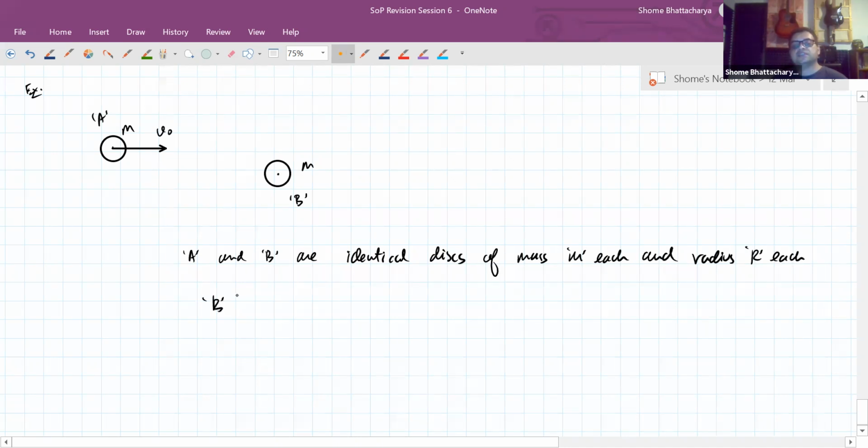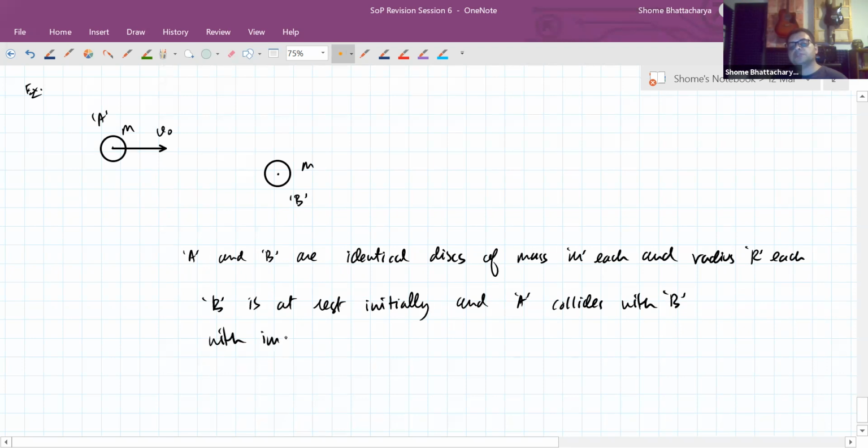Now B is at rest initially, and A collides with B with the impact parameter equal to R. I'll explain what this term impact parameter means.